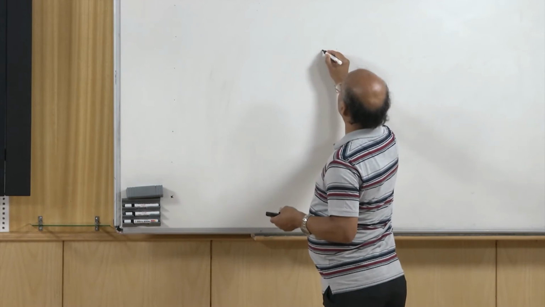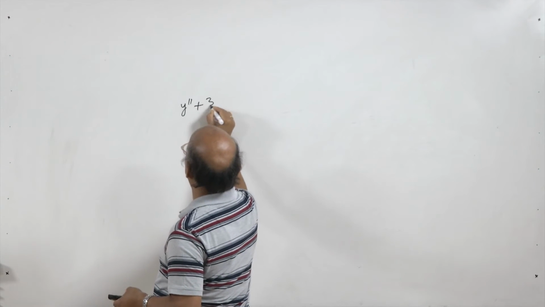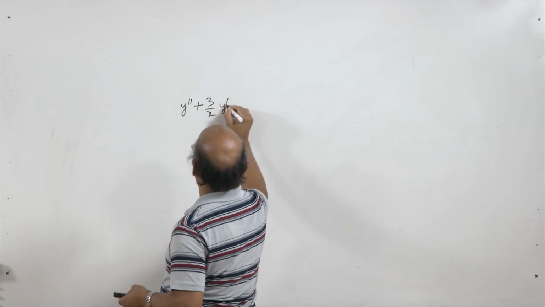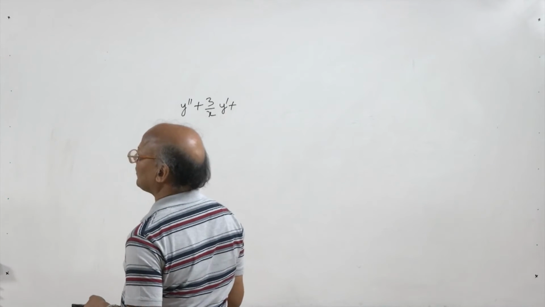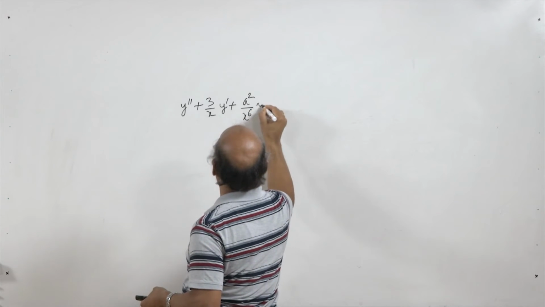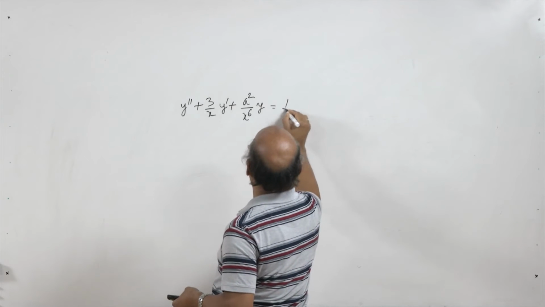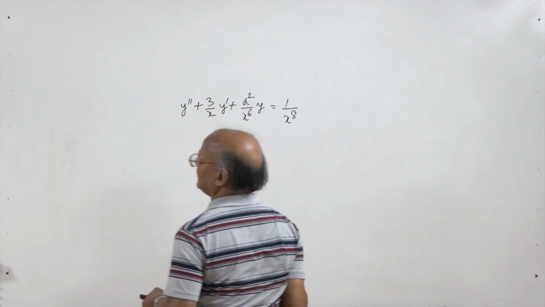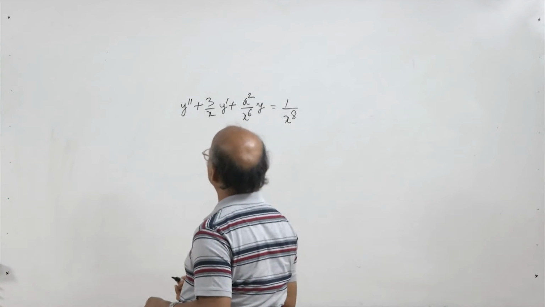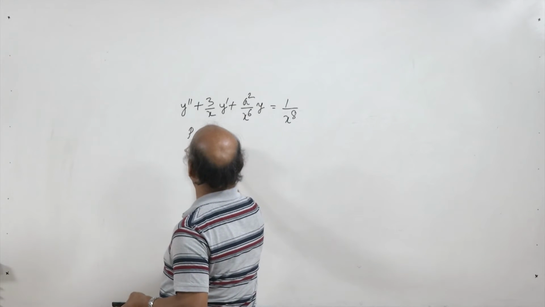So we shall have y double dash plus 3 by x y dash plus a square by x to the power 6 into y equal to 1 by x to the power 8.